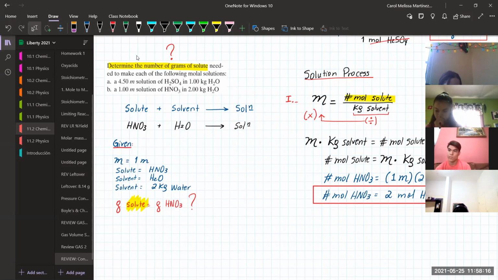And now we're going to step number 2. Remember, you have the number of moles, but the problem asks you about the grams of solute. So here you have to convert from number of moles to grams by using the conversion factor, the molar mass of my solute.